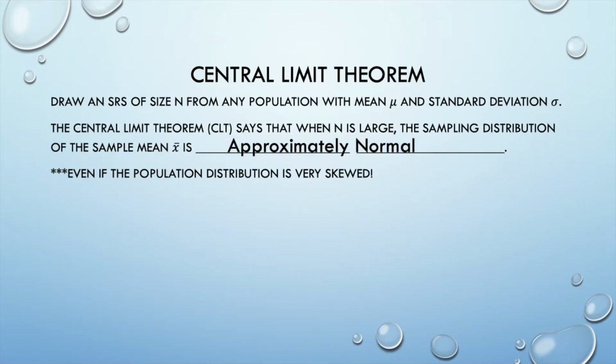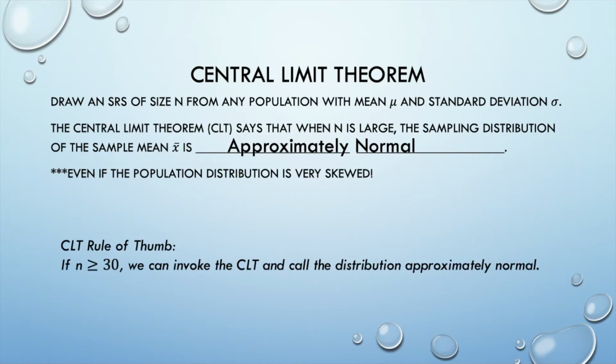Now the question is, how large is large enough? How large does my sample size have to be? We have a rule of thumb for this. If my sample size is greater than or equal to 30, we can invoke the central limit theorem, which you can abbreviate as CLT, and call the distribution approximately normal.